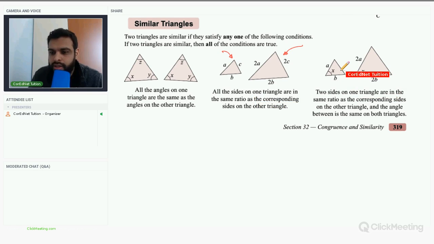Okay, look at this one here. It's going to be the same thing. So two sides on one triangle, so that side and that side, two of those sides on one triangle, are in the same ratio as the corresponding sides on the other triangle, and the angle between is the same.